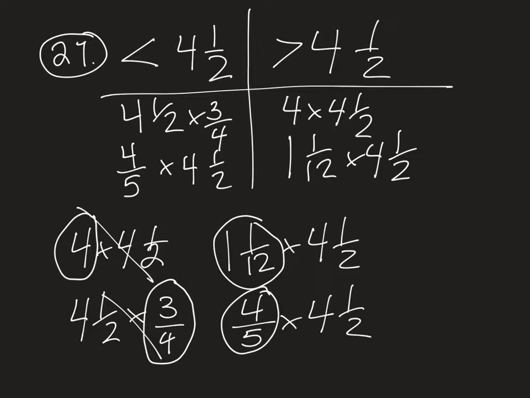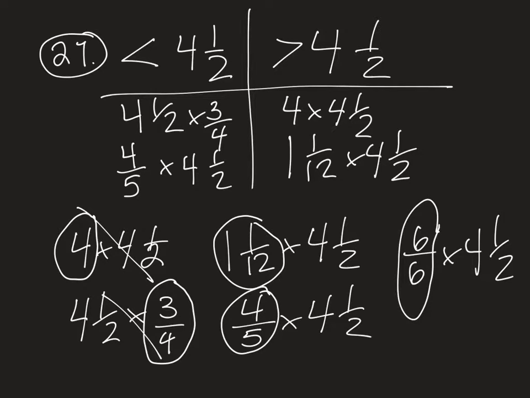So if I do a fraction, let's say 6/6 times 4.5, and I want to know what side that's on, or I just want to solve it, remember, I'm going to do the same thing. I'm going to focus on the one that's not the 4.5, or whatever the number is in your problem. Now if I look at 6/6, if I draw a picture of 6/6, that's equal to 1 whole.